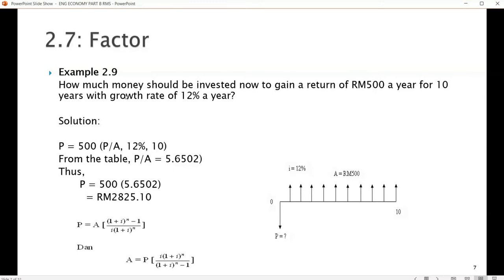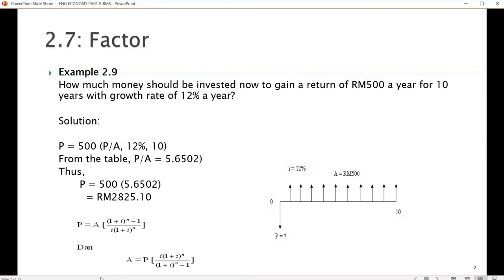And then, how much money should be invested now? So invested now, the time scale must be 0. And then this statement also mentioned that to gain a return of 500 ringgit per year, that means annually.